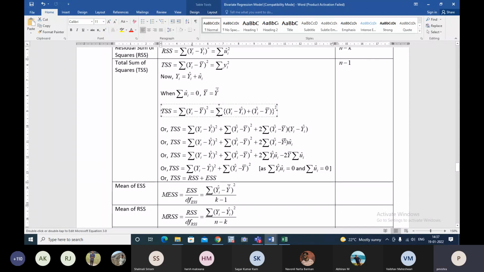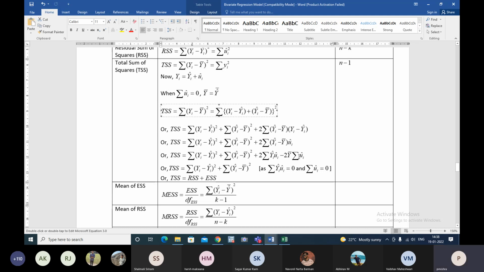So this is u hat I. If you write u hat I here, then this component can be rewritten as 2 into summation of y hat I into u hat I minus 2 into y bar into summation of u hat I. Now summation of u hat I is equal to 0.